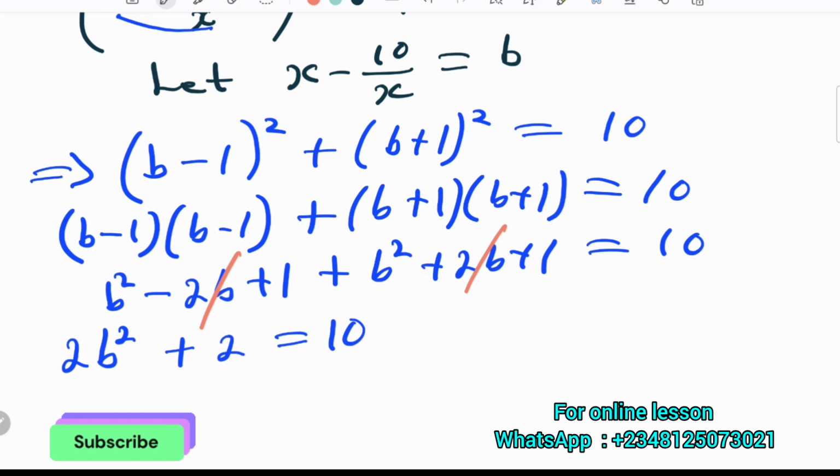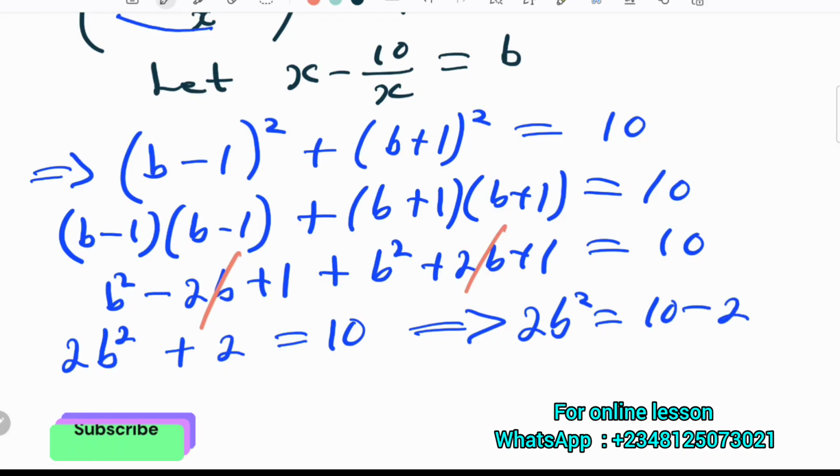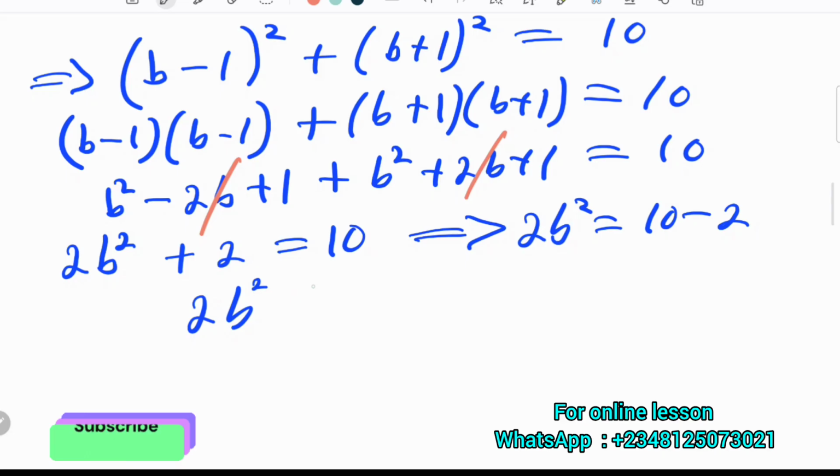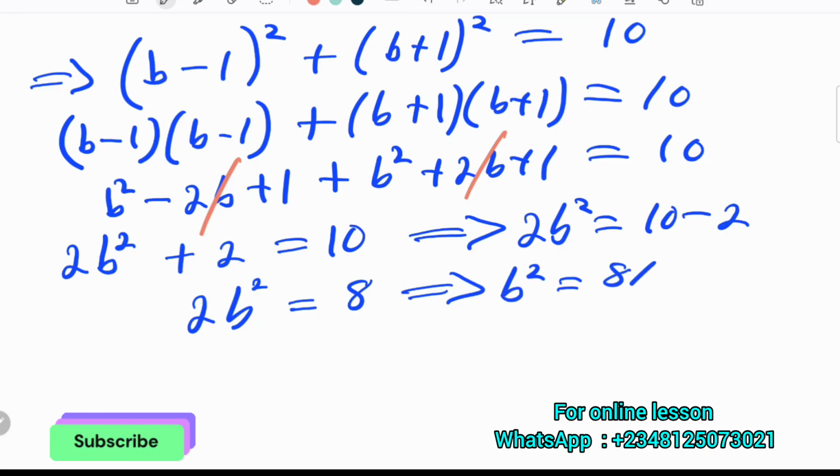So now let us move the other two to imply that 2b squared equal to 10 minus 2. So 2b squared is now equal to 8. So divide both sides by 2, b squared becomes 8 all over 2, which means b squared equal to 4.